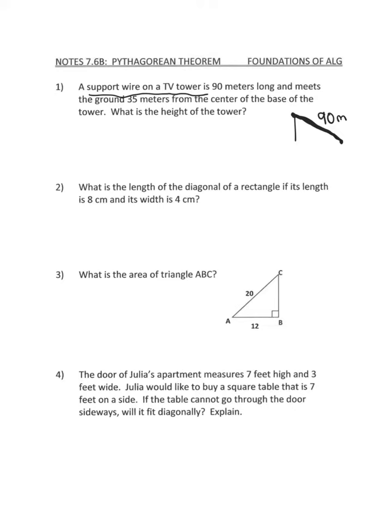So that means that if this is the base of my tower right here, my wire meets the ground 35 meters from that base. So this is going to be 35 meters. Now it wants to know what the height of the tower is. So that would be this side, my unknown right here. I'm going to call it x.